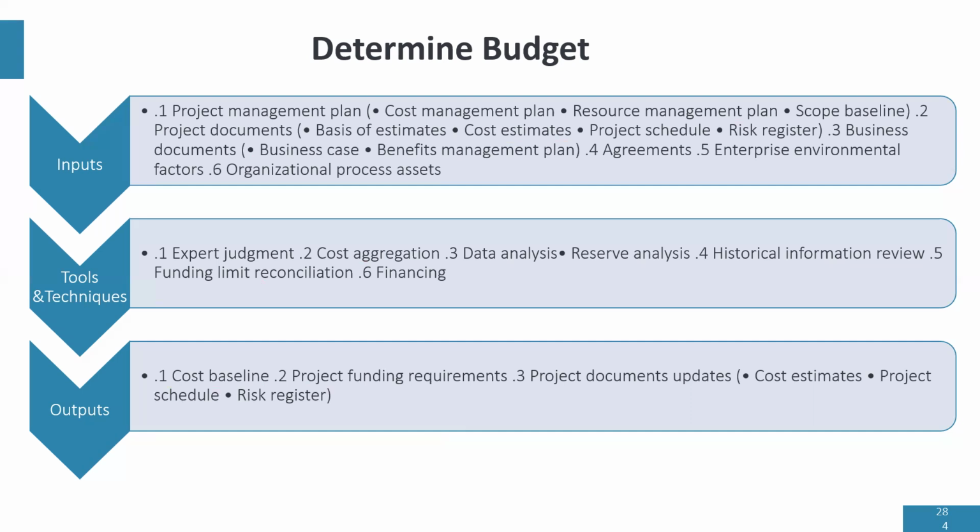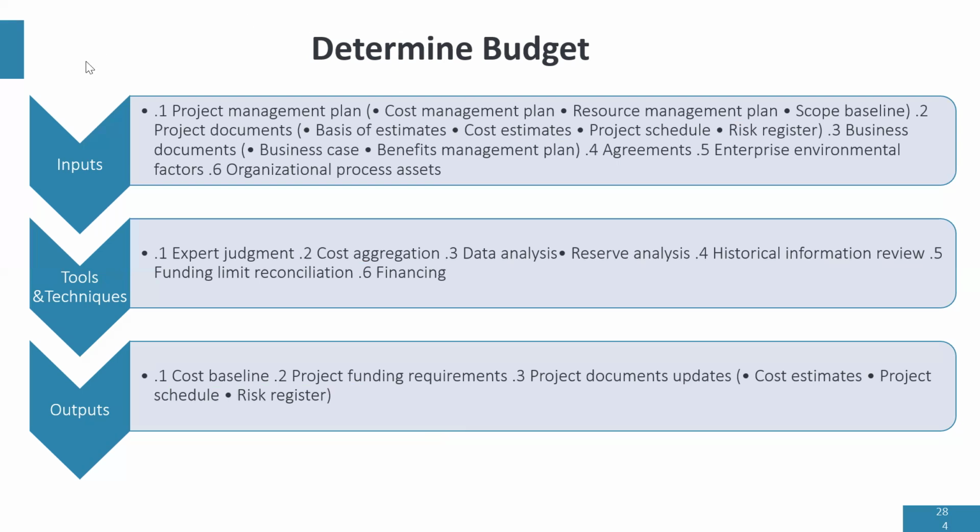Bring all the contract costs together and create a total budget. And you can now have the cost baseline when you determine how much money you're going to be spending per time in your project. That is how you create the cost baseline.